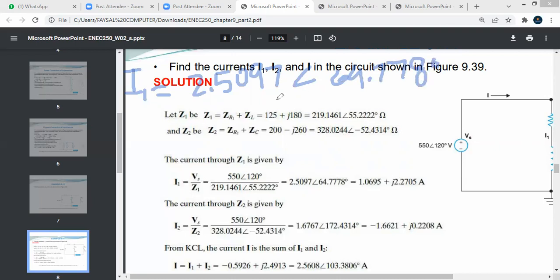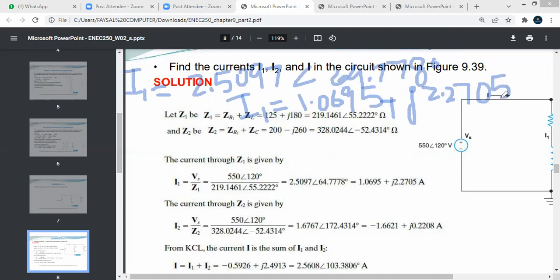So this shows that my I1 value will be 1.0695 plus j 2.2705. So this is my I1 value after converting into real part and a polar part.